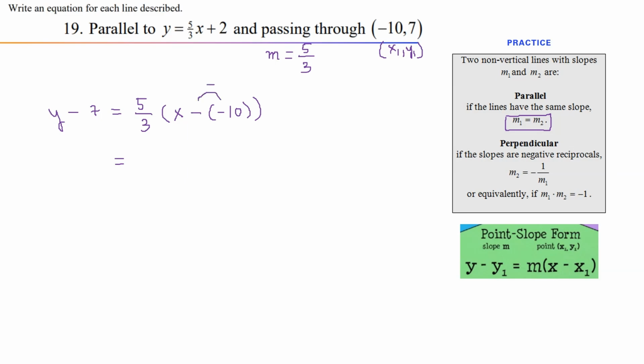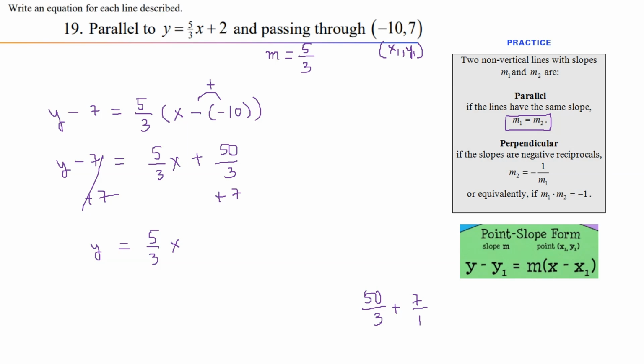Now this one will be positive, right? So 5 over 3x, then plus 50 over 3. Now we plus 7 on both sides. We have y equal 5 over 3x, and then 50 over 3, we plus 7, that's 7 over 1. Then multiply by 3 top and bottom, so that we have the same denominator.